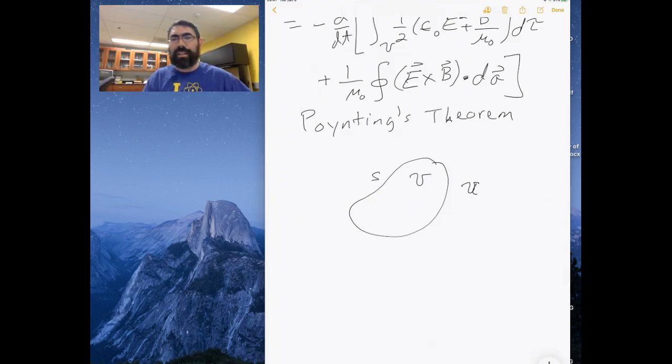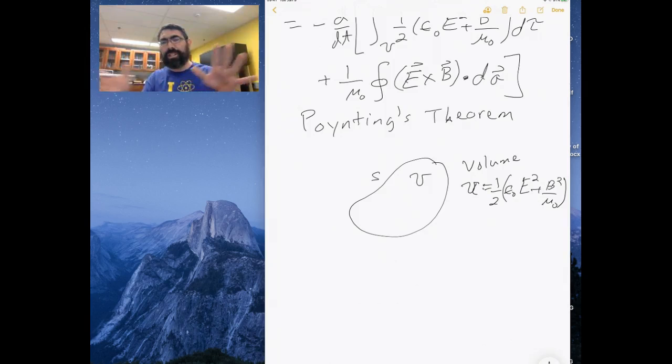So the energy density inside the volume is what it was before, 1/2 epsilon naught E squared plus B squared over mu naught. But now I also have this energy term associated with the surface. And that's basically the energy that's flowing out of the system.